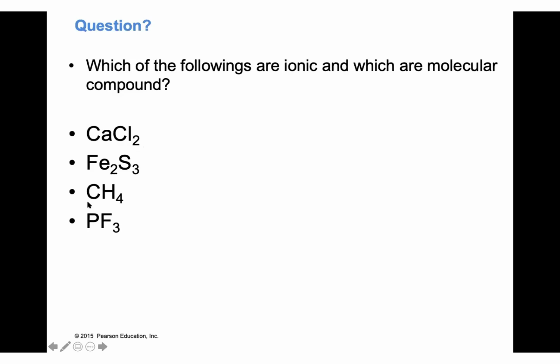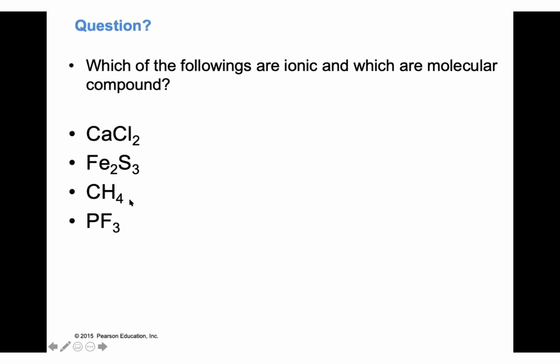C is from the right side of the ladder, and hydrogen is a non-metal, although it's on the left side of the periodic table, but we consider hydrogen a non-metal. So CH4 here is a covalent or molecular compound.